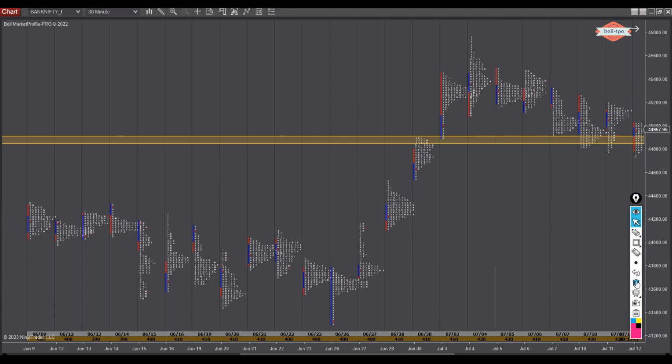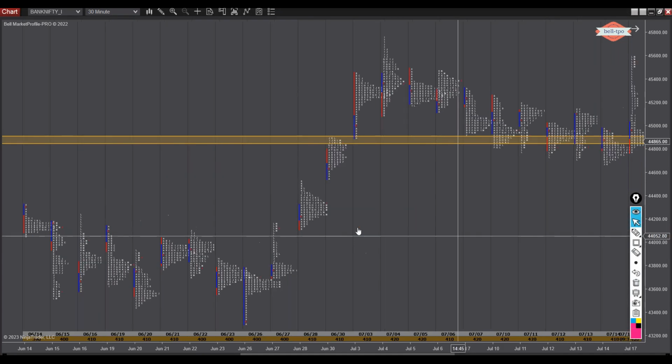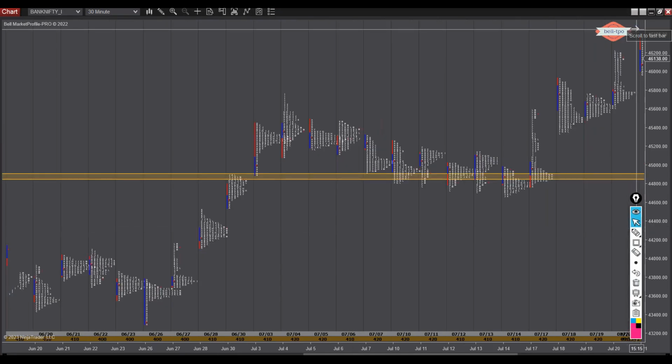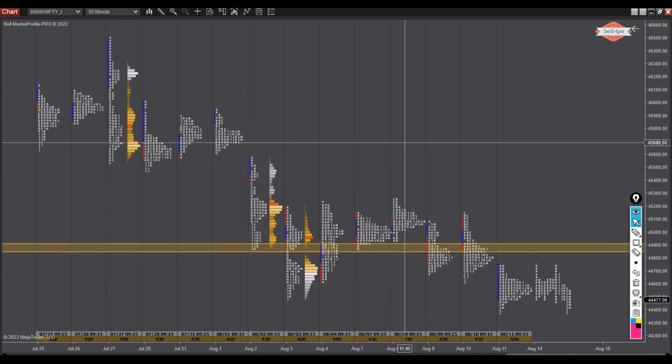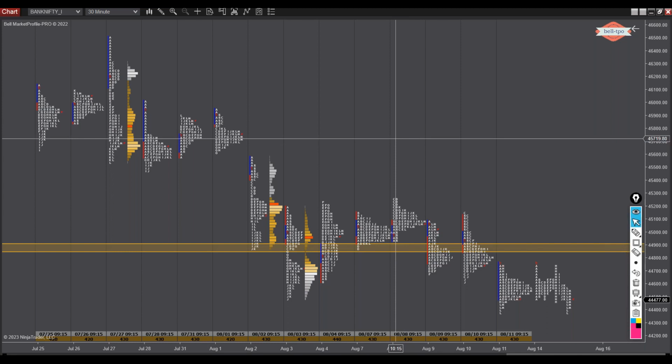Siddesh is saying, what is the best way to find context? Well, I have been trading for a long time now, and the early part of my trading had no idea about context. It's when I started using market profile that this context thing surfaced, and then it completely changed my trading.